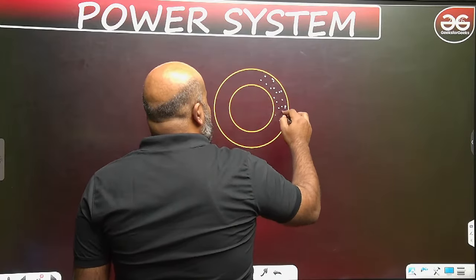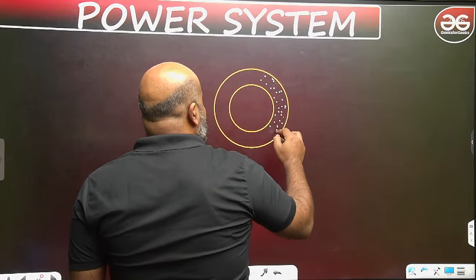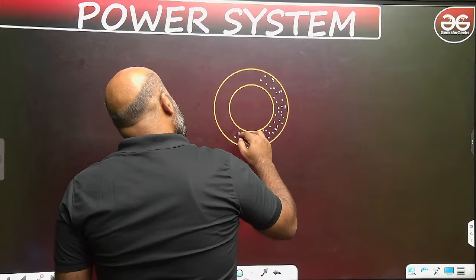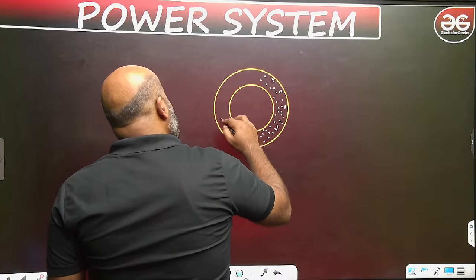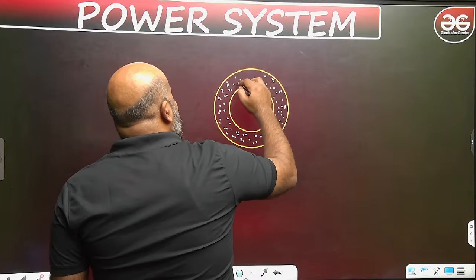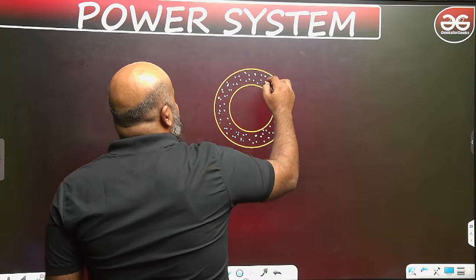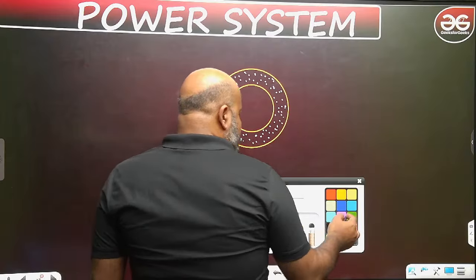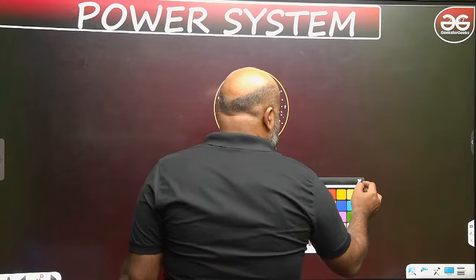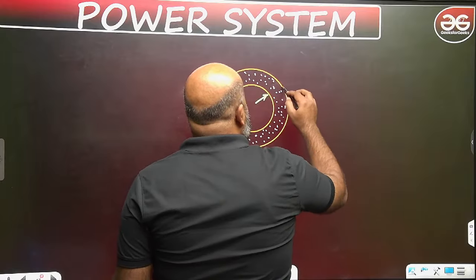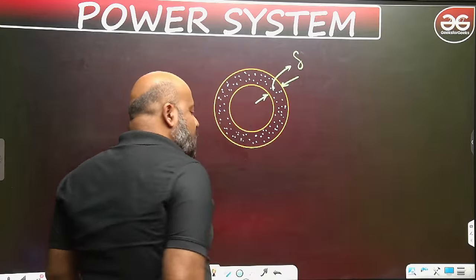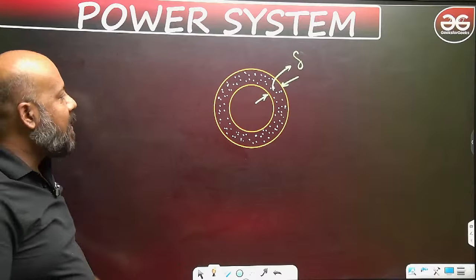For AC currents, the currents have a tendency to crowd near the surface of the conductor. And if you go to the core part of the conductor, there is hardly any current, very less current. So starting from the surface of the conductor, this very distance up to which effective current is present, we are defining as del. Okay?